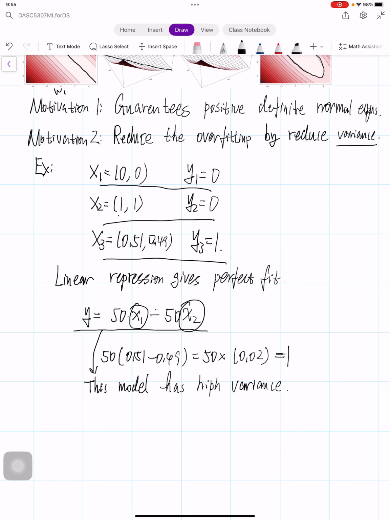For example, if you change x1 from 0 to 0.5, x only changes a little bit, but this term will change on a scale of 25, right? 50 times 0.5 is 25. So if you alter x1 a little bit, the regression function will change dramatically.